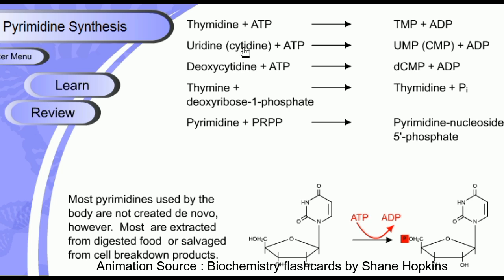So for the process of the salvage pathway, we have ready availability of thymidine, uridine, deoxycytidine, thymine and pyrimidine and so many other breakdown products inside the cell. So it's not building from scratch, it's not building from zero, it's already there. It's simply replenishing it, and little modifications are the maximum that we require.